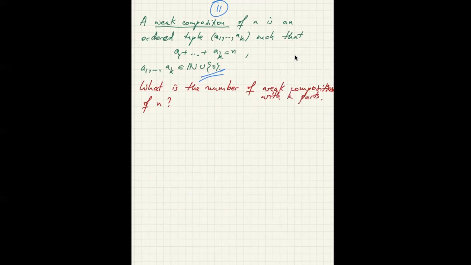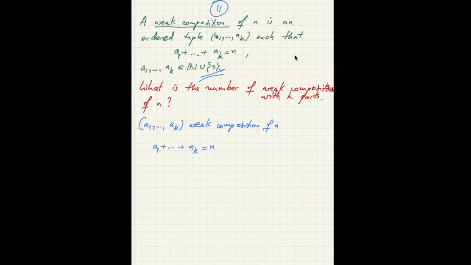And can we use the things from before, the previous result? So here's how it works. If we have a k tuple, a weak composition of n, well, we know that a1 plus ... plus ak equals n.